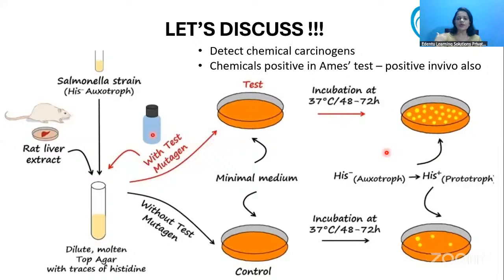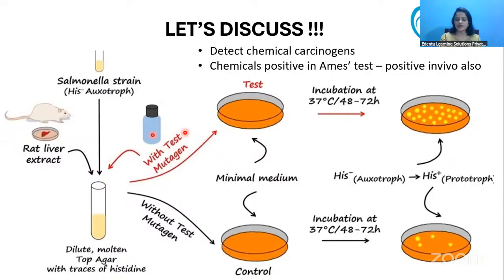At the end of this incubation period, if you are able to see lots of bacterial colonies with the production of histidine, then that shows that the mutagen that we tested is positive for carcinogen. It is a positive carcinogen.